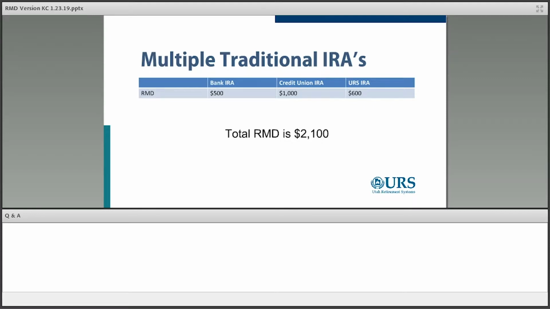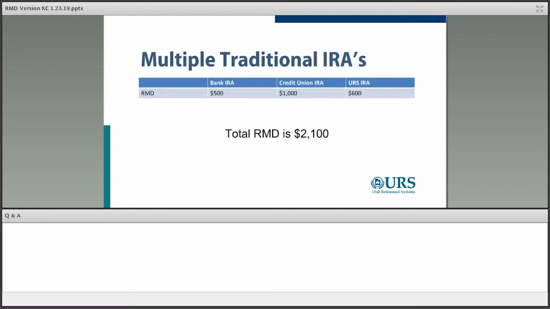Now in this example, you could take $500 from the bank, $1,000 from the credit union, and $600 from the URS IRA account, just as it shows on the slide. Or you could combine it all and take $2,100 from one of the IRA accounts, and that would satisfy the requirement to take a minimum distribution from the IRA accounts.